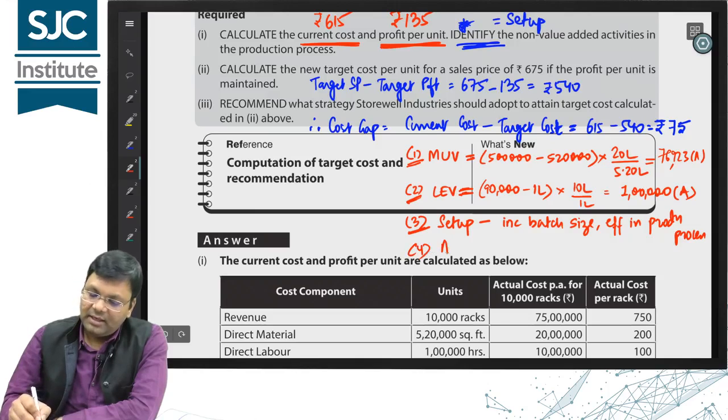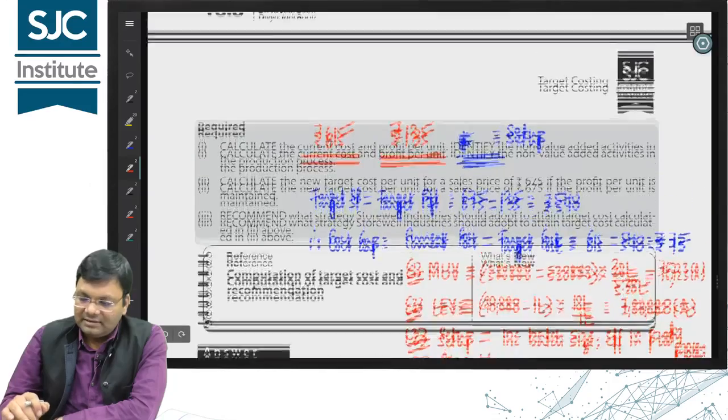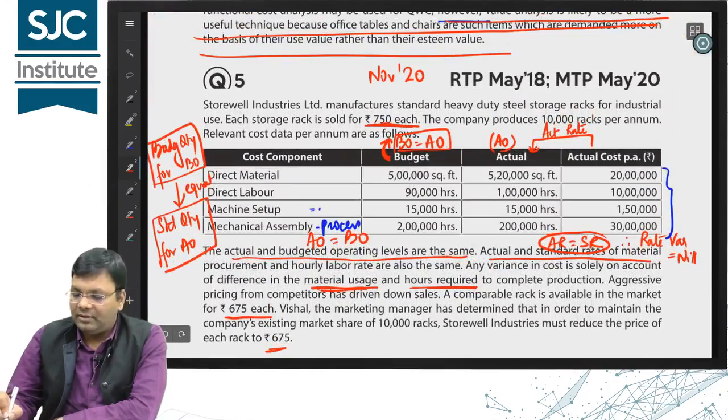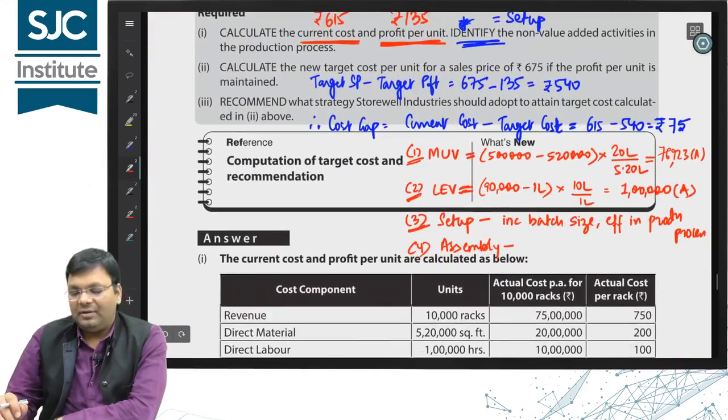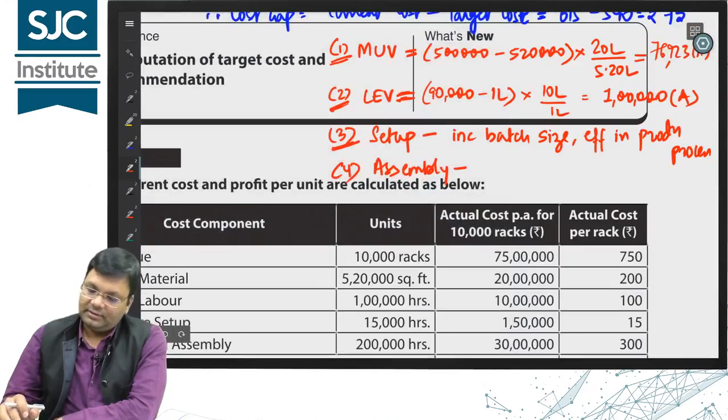Another, you should also write about how to reduce machine assembly cost. Assembly cost, if you will see, that's the highest cost element over here, 30 lakhs. So you can also write that machine assembly cost comprises the highest cost element among all. So there should be some ways to reduce its cost.